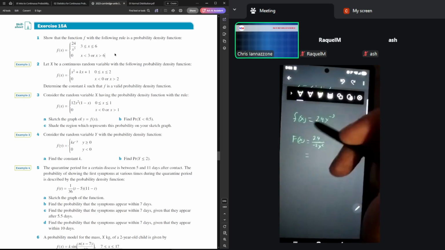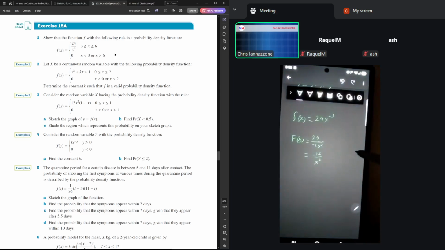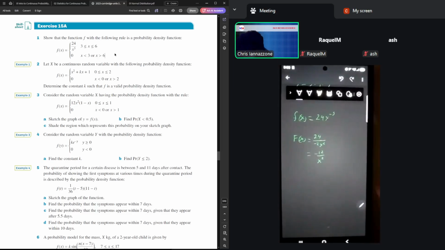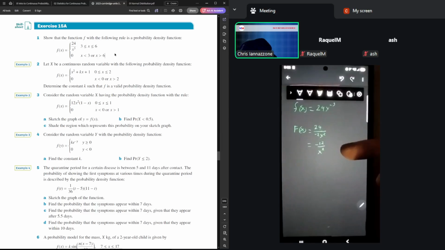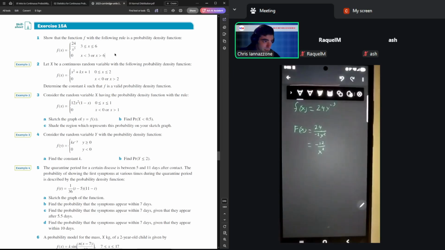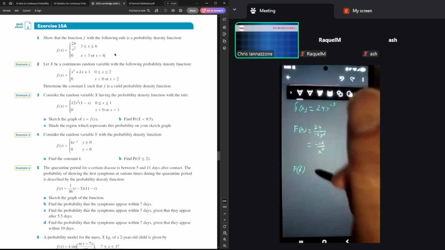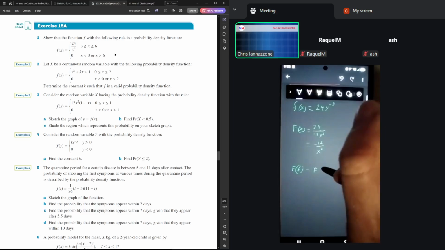That's going to be negative 12 on x squared as our antiderivative. Then from there, our domain was from 3 to 6 as per the piecewise, so we'll do capital F of 6 minus capital F of 3.